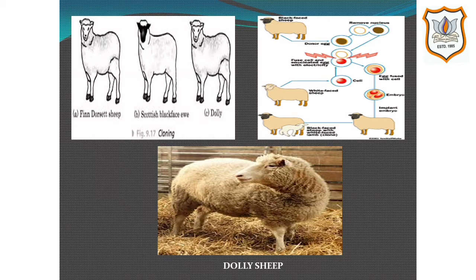In this first picture, A is Finn Dorset sheep, B is Scottish black-faced sheep, and C is Dolly sheep. Second picture is of all the steps of how Dolly sheep is produced, and third picture is of Dolly sheep.